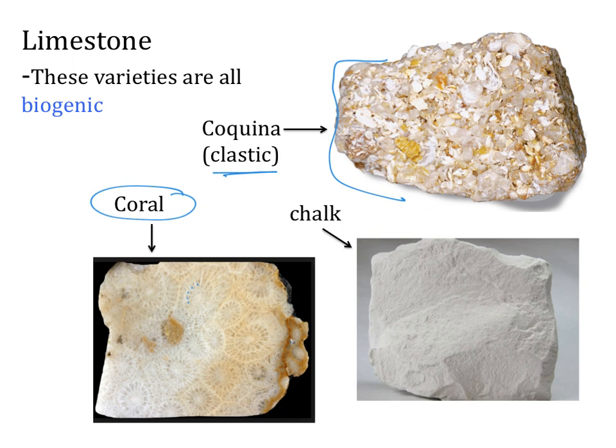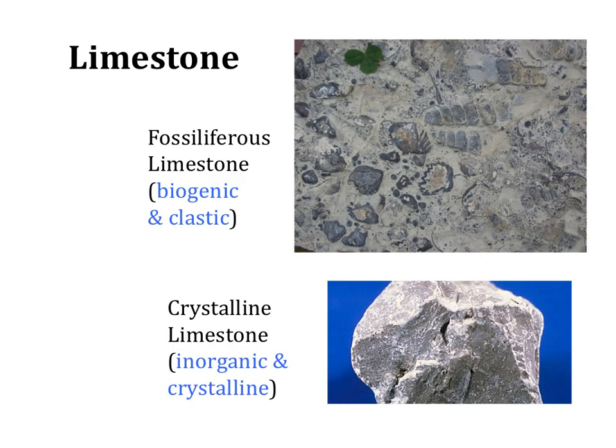Over here we have chalk. Chalk is actually also made of lots of tiny, microscopically small shell material. And so you can't see it with the naked eye. You need a microscope to see these little tiny shells, but it is also biogenic because it's made of shell material. This limestone up here at the top is also biogenic and clastic.